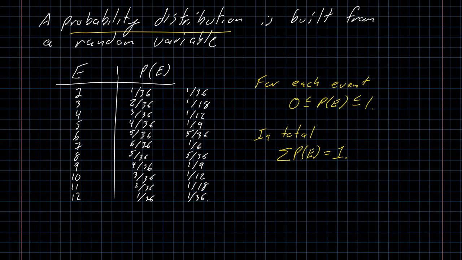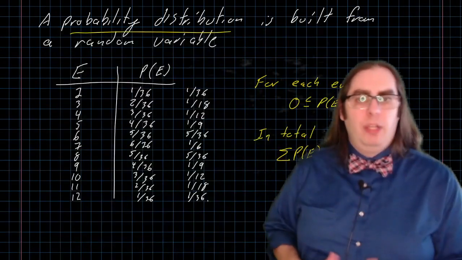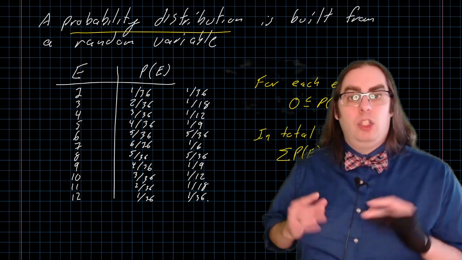If I add together the probability of every event that is possible in a probability distribution, I need to get 1. There is a 100% chance that something happens when you perform an experiment. And a probability distribution is always set up so that things are mutually exclusive. We have that partition. Right?